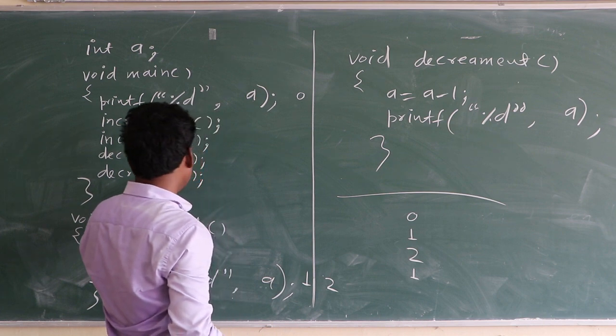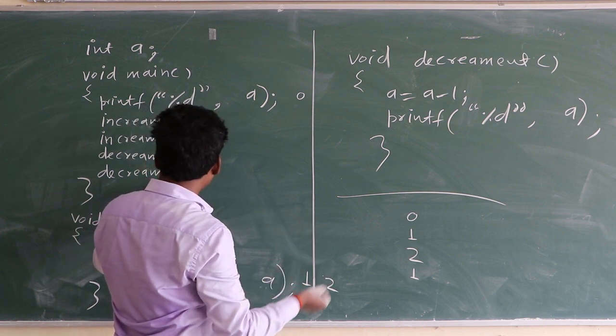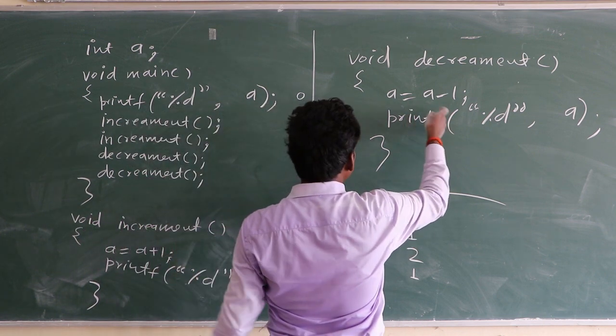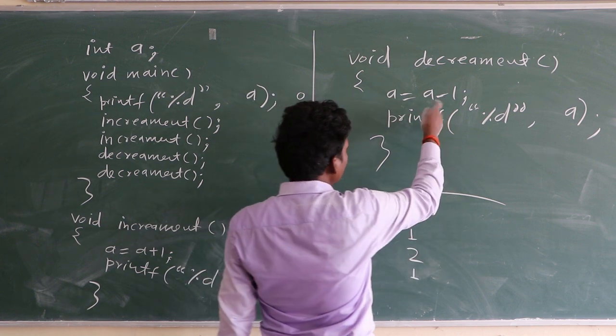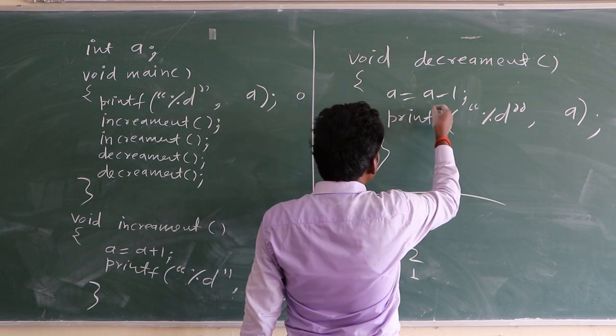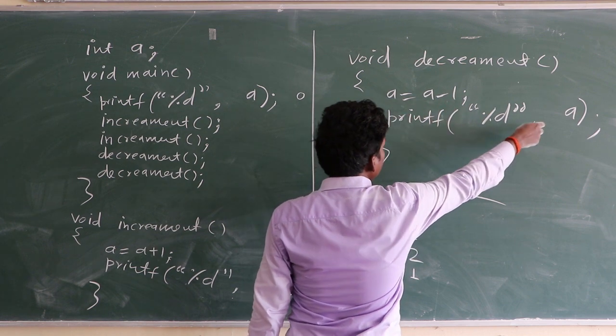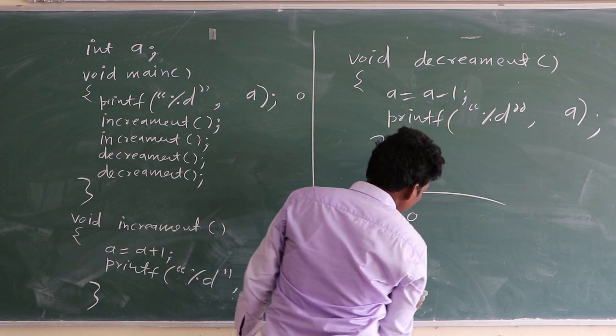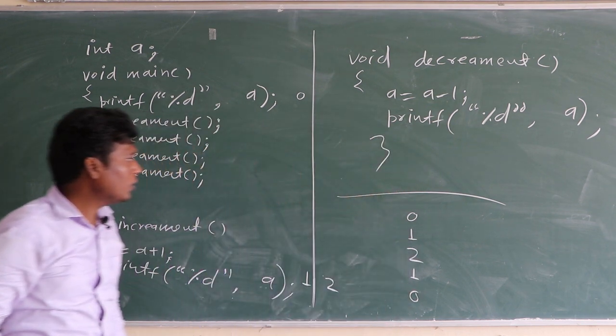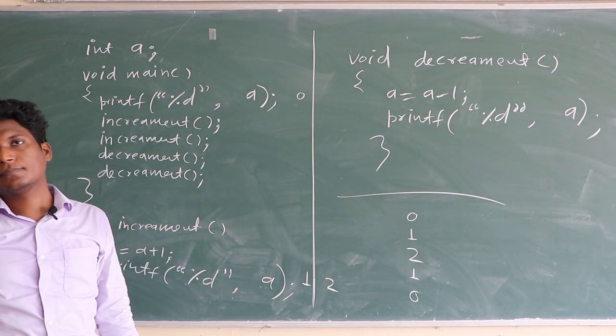When decrement is called again, 1 minus 1 is 0, so 0 is printed. So the output will be 0, 1, 2, 1, 0.